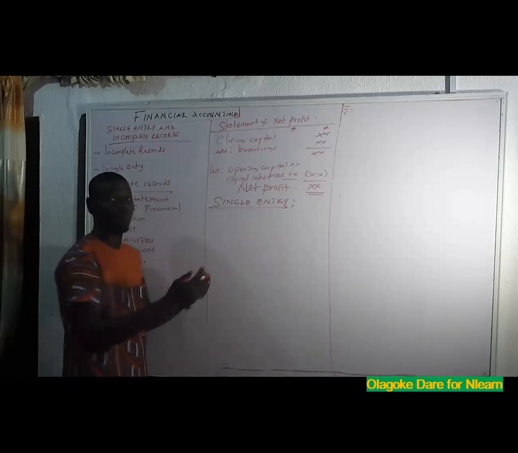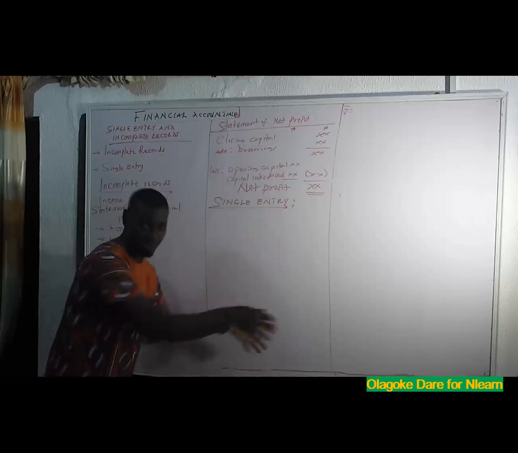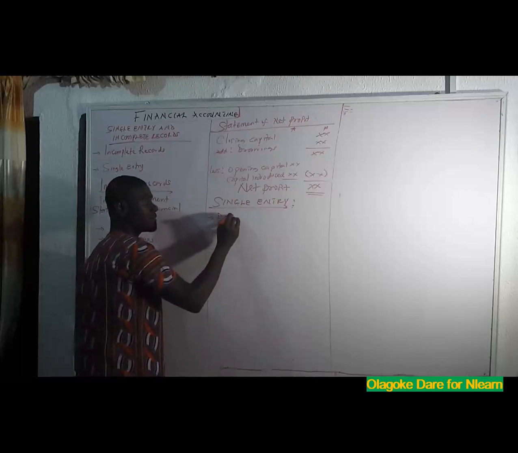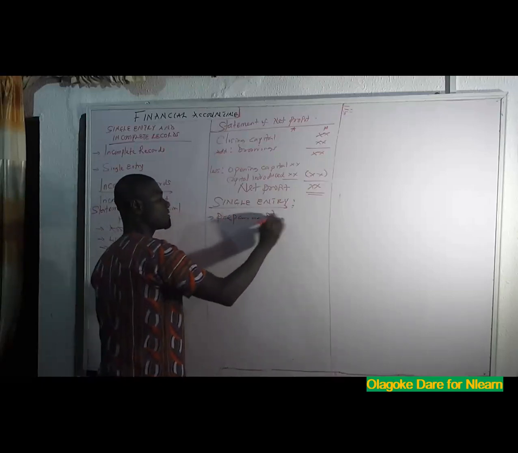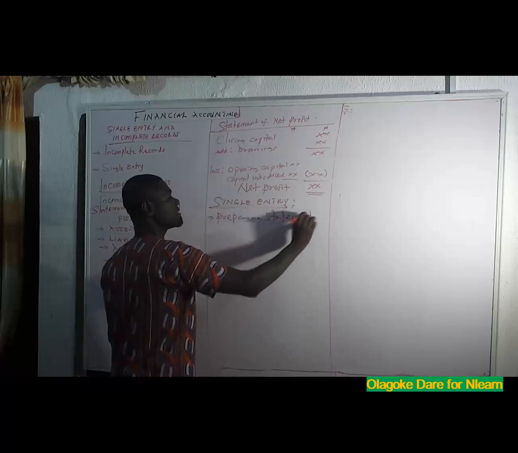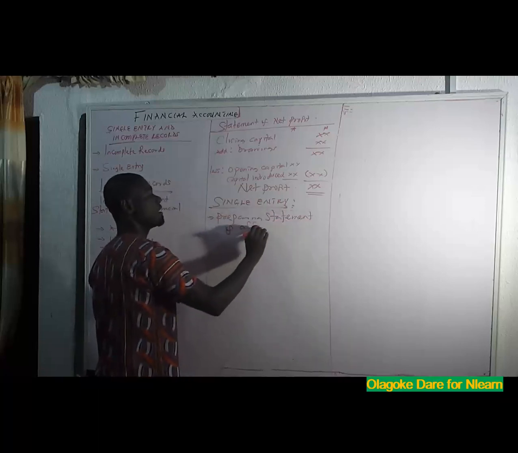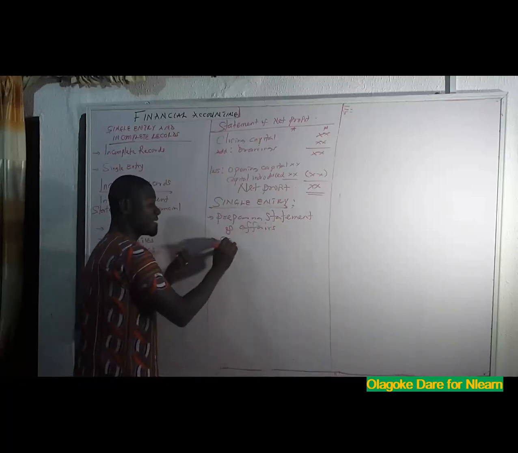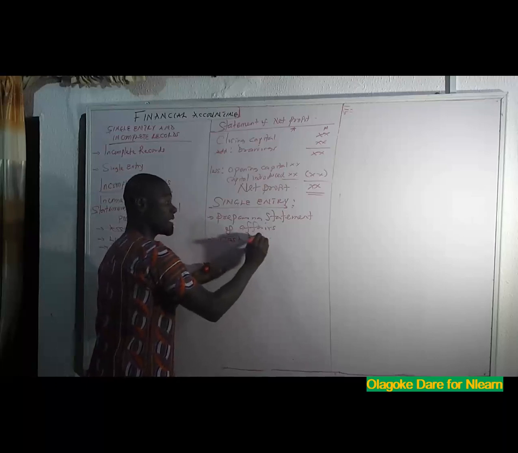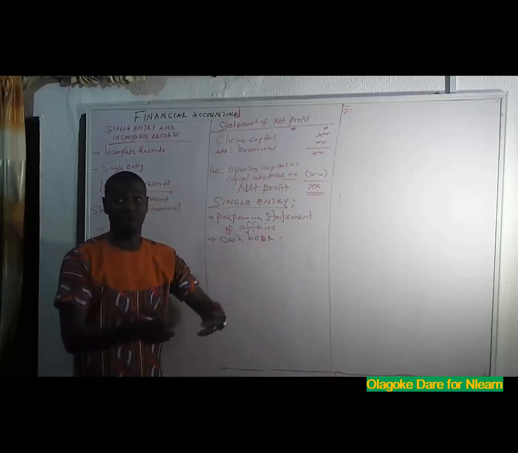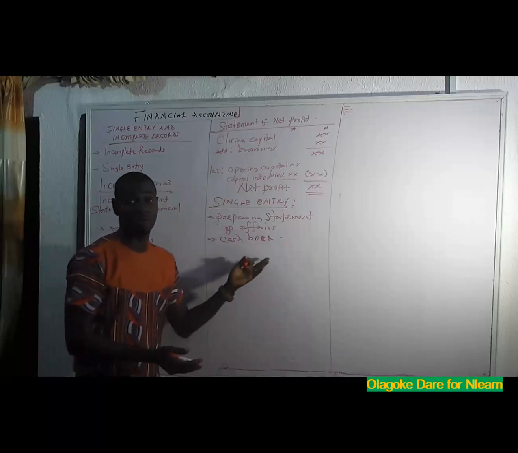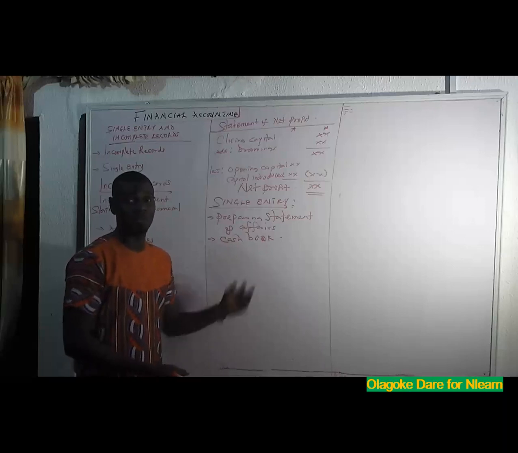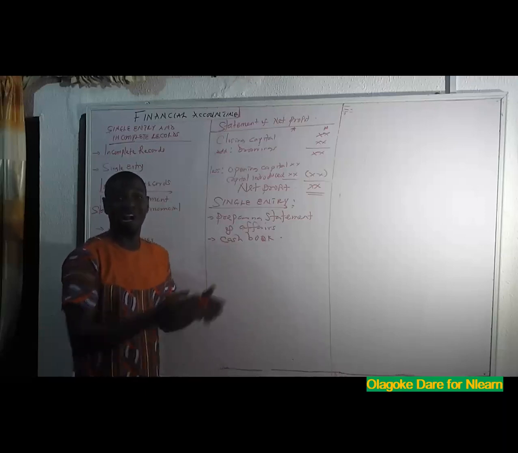So in single entry, you'll be the one to perfect the double entry principle by preparing statements of affairs to get the opening capital, as the case may be. You may prepare a cash book to determine your capital, the cash at hand, or probably drawings or cash takings.